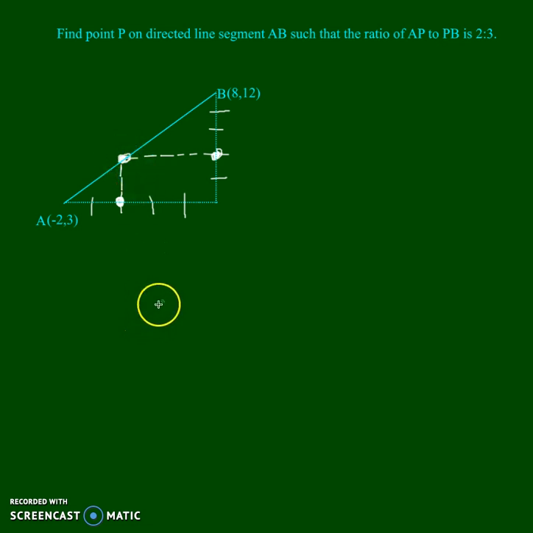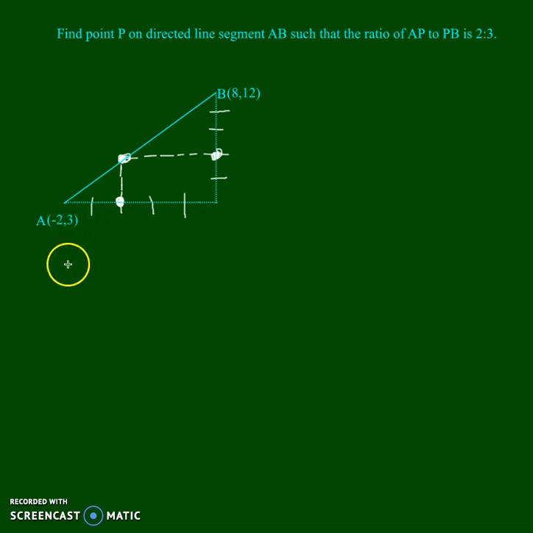Now what's left is we have to find the length of each one of these pieces here and the length of each one of these pieces. The reason we're doing that is because we're going to count over from this x coordinate this distance, and we're going to count up from this y coordinate this distance. So we need to know these individual distances. Just like we did in the other video, we're going to find the entire length of this horizontal component, and we're going to divide it by the number of pieces that we have, and that'll give us the length of each piece.